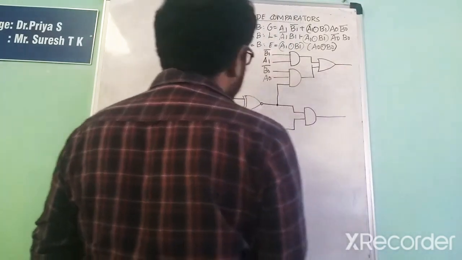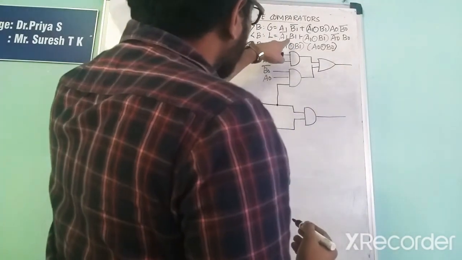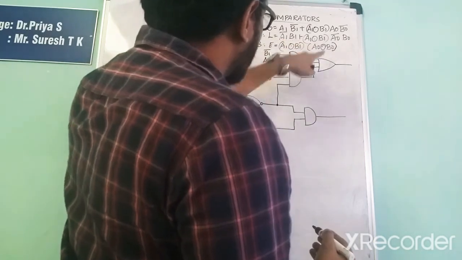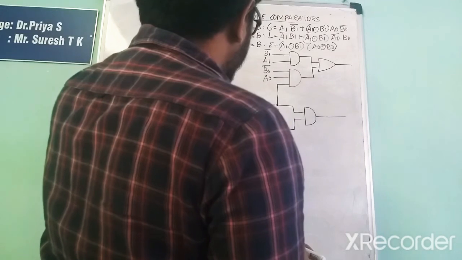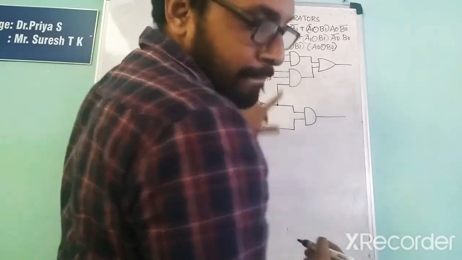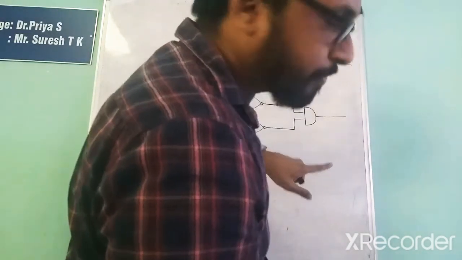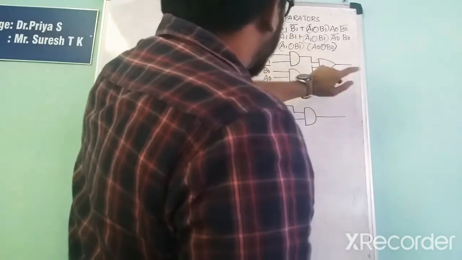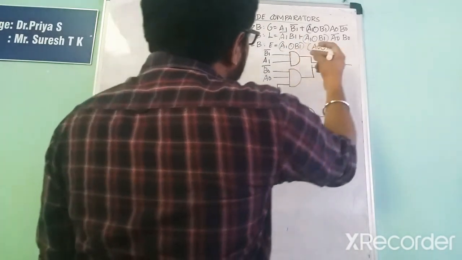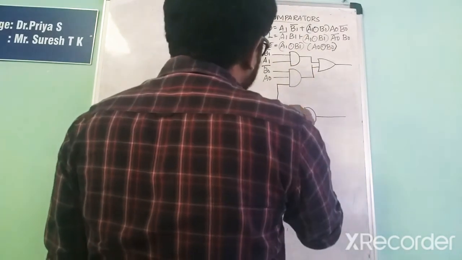Next is again the less than condition. This is the greater than condition, and we have the next, the less than condition.